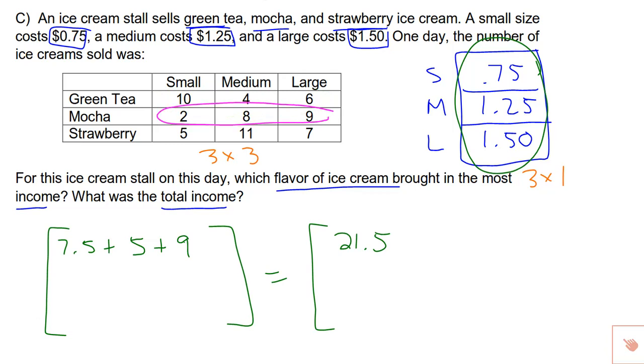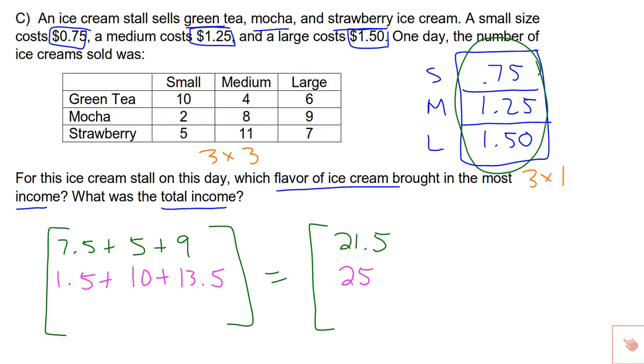2 times 0.75 is 1.5. 8 times 1.25 is 10. And 9 times 1.50 is 13.50. Adding those together, we get 25.